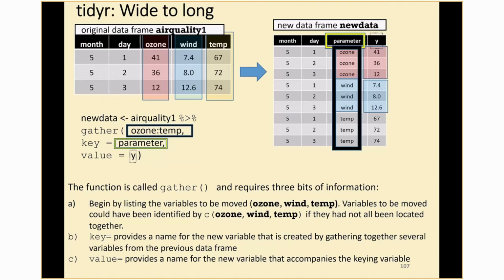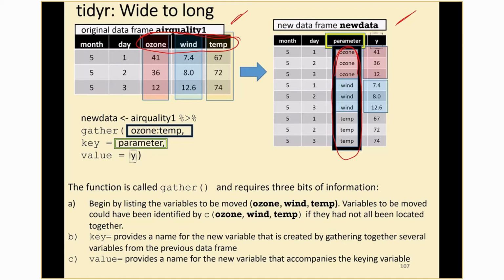So here's the process. My goal is to go from the wide format into the long format. And in order to do that, there are three different things that I need to focus on. The first is, what are the variables that I want to have gathered together and put in a single column?